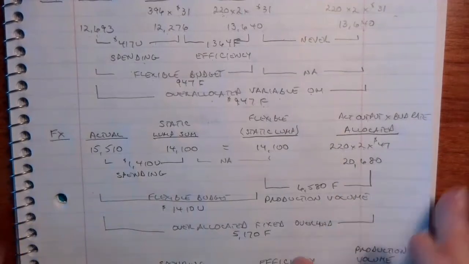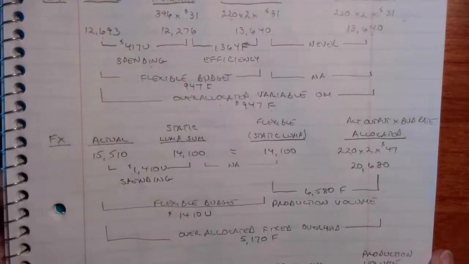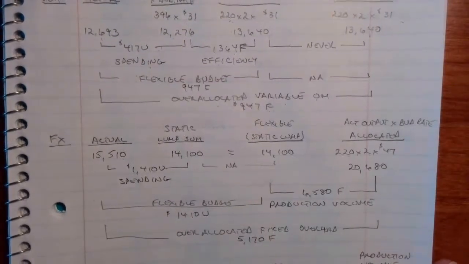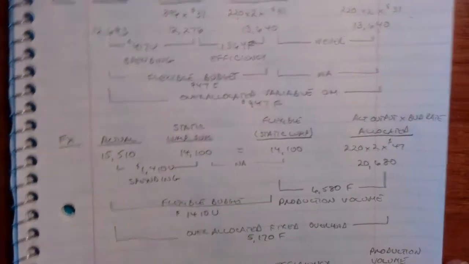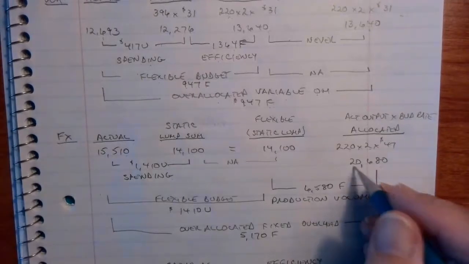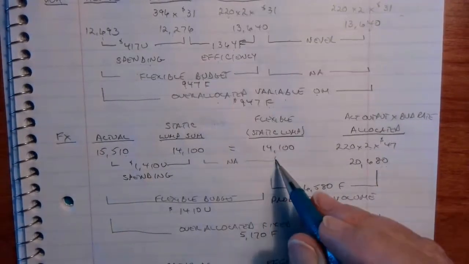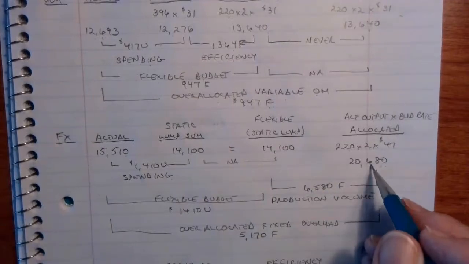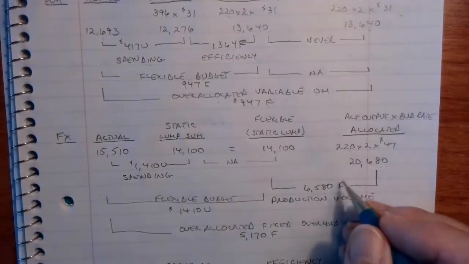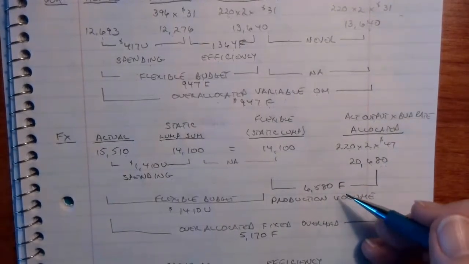Our budgeted rate is 47. I don't have that calculated here. Anyways, it's 20,680. So the difference between the 14,100 and the 20,680 is 6580, and that is our production variance. And it's a favorable variance, 6580 favorable.